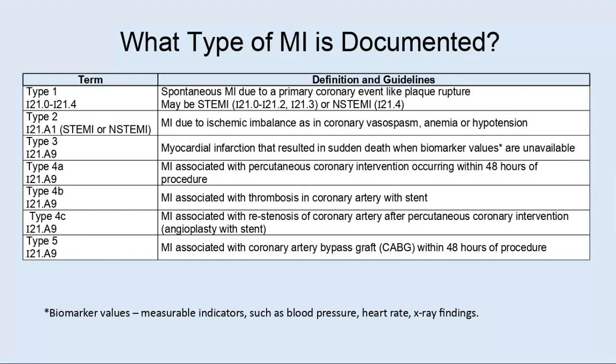So there was a stent placed, and now there's a thrombosis related to it. Type 4C is myocardial infarction associated with restenosis of a coronary artery after percutaneous coronary intervention, such as angioplasty with stent. So you'll see type 4A, 4B, and 4C all have to do with a procedure and then a myocardial infarction following that.